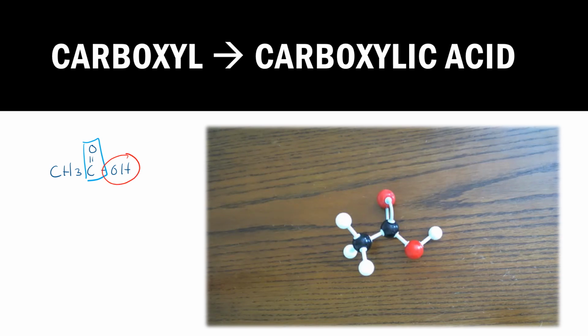This combination is what gives it the family of being a carboxylic acid. And again, I've got that attached to some R group. This absolutely has to be terminal. You cannot have a hydroxyl group as an interior functional group. So here I have my carboxyl, here I've got my hydroxyl. So this is an example of that carboxylic acid.